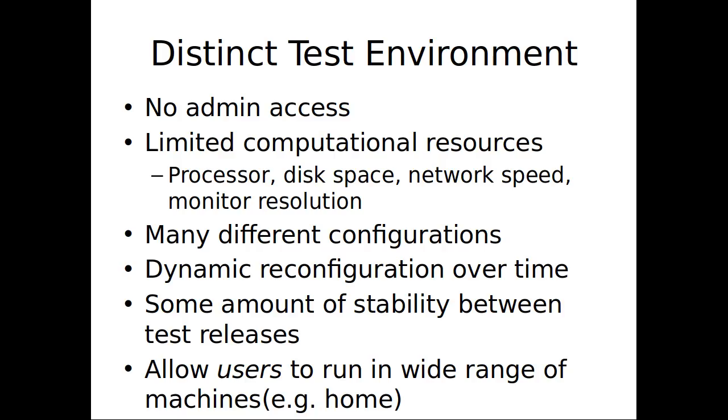All these problems come up with permissions. So, for test environments, generally you want a lower end machine, no admin access, limited computational resources associated with it, and potentially to configure it in several different ways.